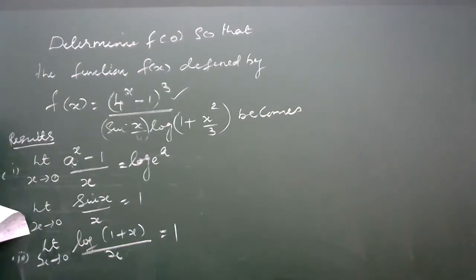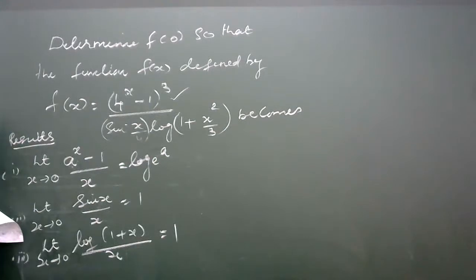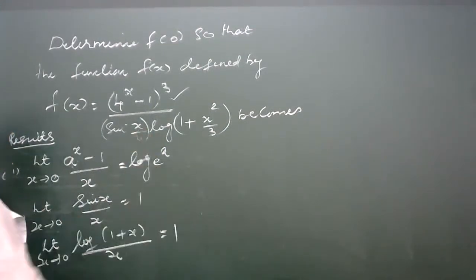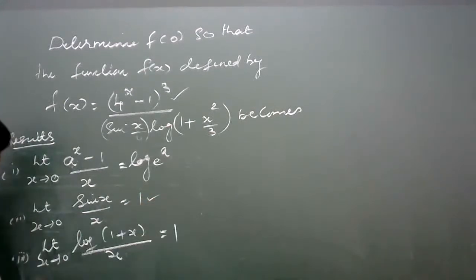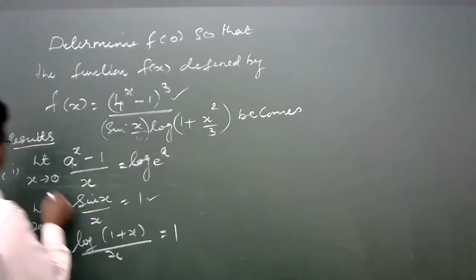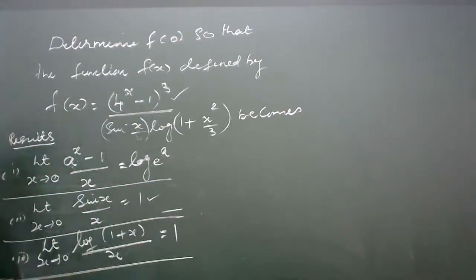But you have to recall it again. Limit x tends to 0, a raised to x minus 1 upon x is equal to log a to the base e. In general, whatever the base is not given, it is understood that the base is e. Now limit x tends to 0, sin x upon x is equal to 1. Now limit x tends to 0, log of 1 plus x upon x is equal to 1. These three things we are going to use for solving this problem.